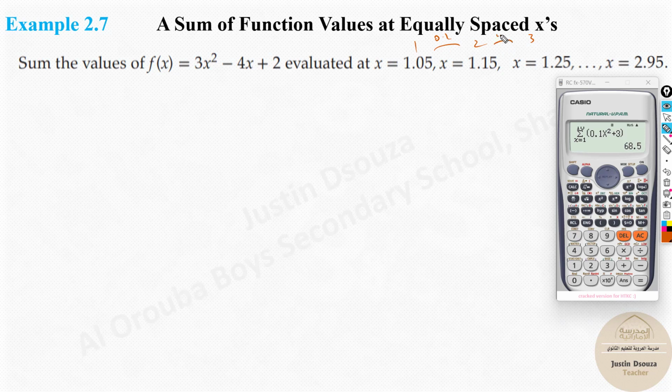It's 0.1. Here also 0.1, 0.1. So the jump is 0.1 everywhere. So if I start from 0.1 plus 0.1x, will that help me? So this will help you, but I need to rearrange the summation values.